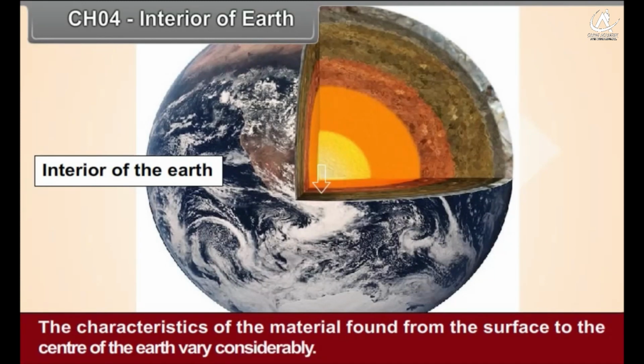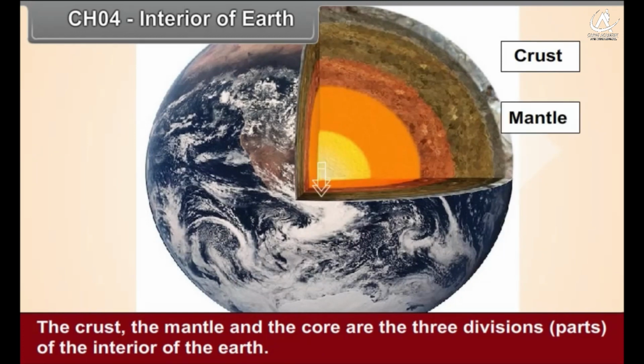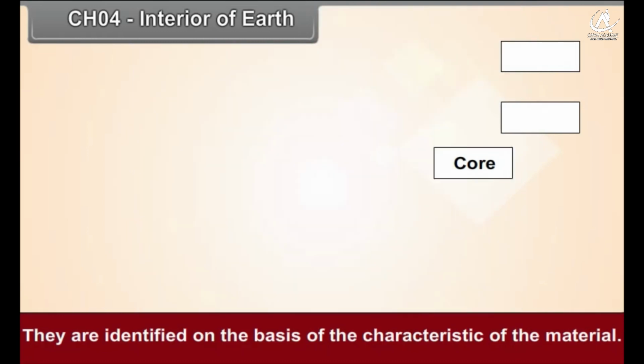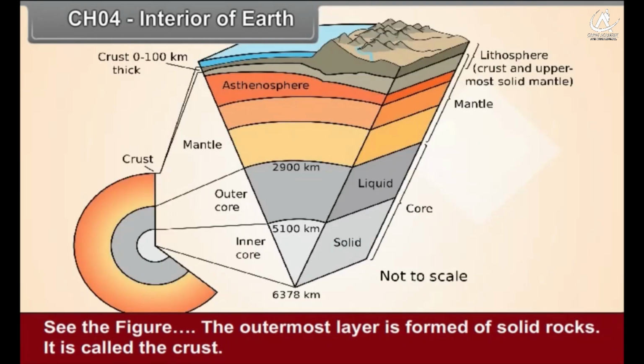The characteristics of the materials found from the surface to the center of the Earth vary considerably. The crust, the mantle, and the core are the three divisions of the interior of the Earth. They are identified on the basis of the characteristics of the materials. See Figure 4.1.